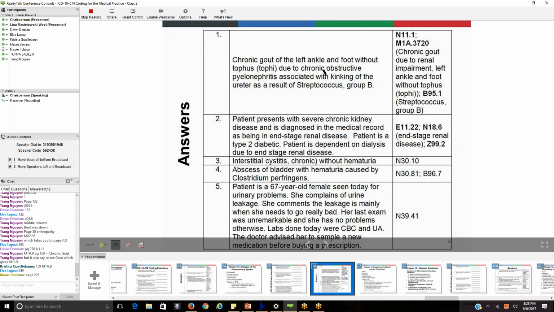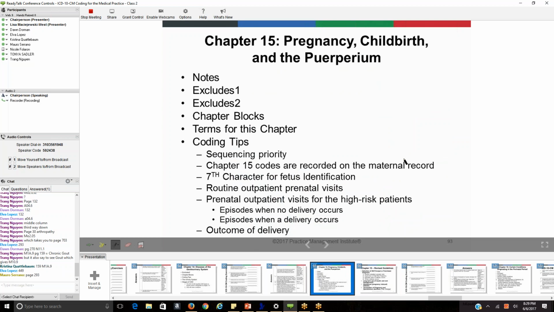Okay, let's take a look at Chapter 15 and Chapter 16. These are your chapters for OB: pregnancy, childbirth, and the puerperium. And Chapter 16 is the perinatal period for newborns. Chapter 16 is a very, very small chapter.